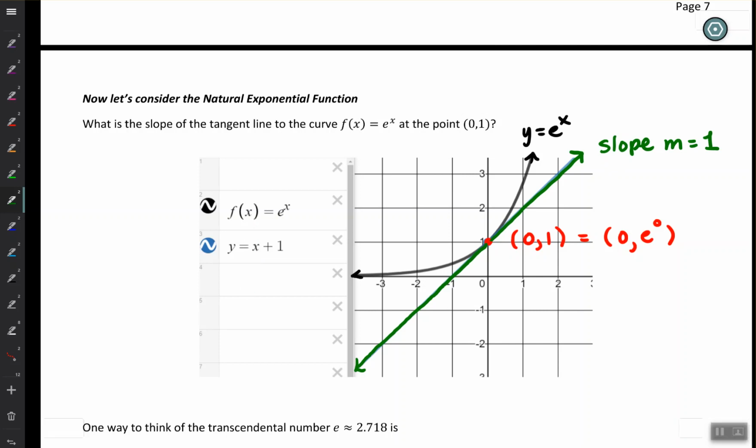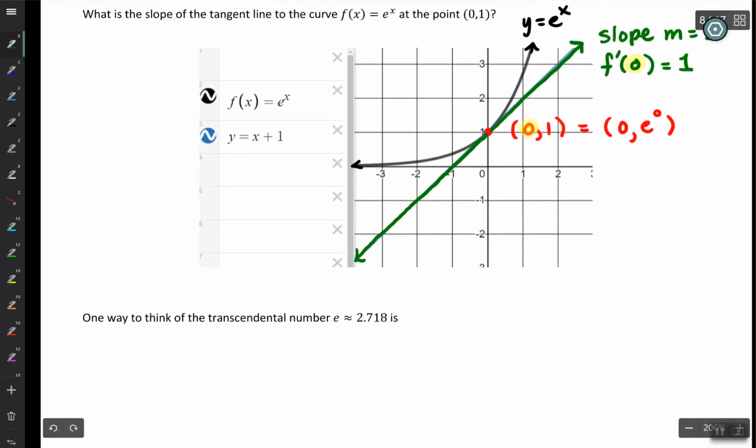Okay, what is the slope of that tangent line? It's the derivative when x is 0. Right? F prime of 0 is 1. And that's one way that we can actually think of that number e, 2.71. E is the number such that what?